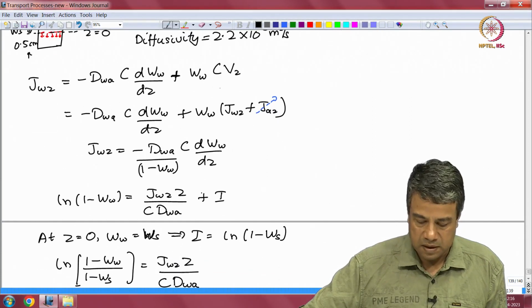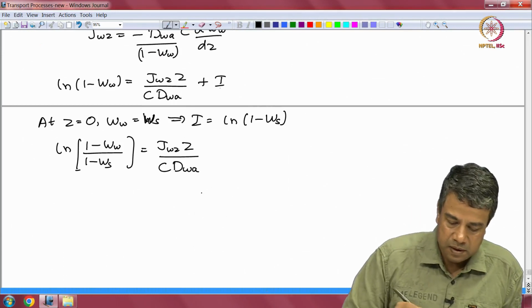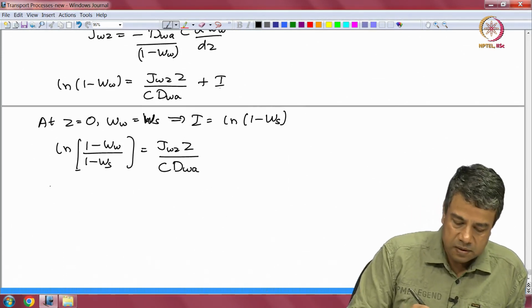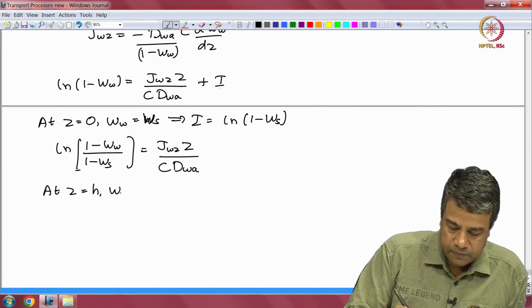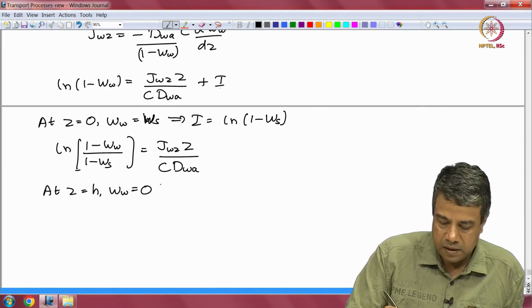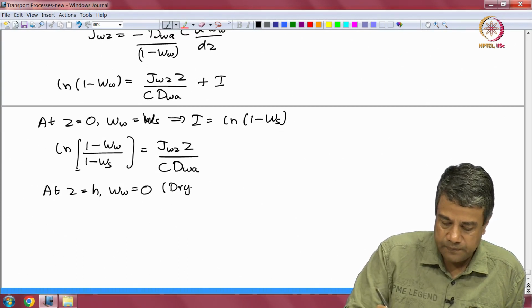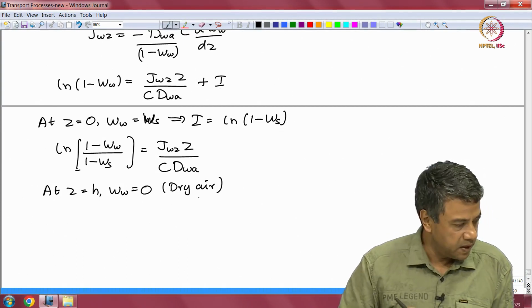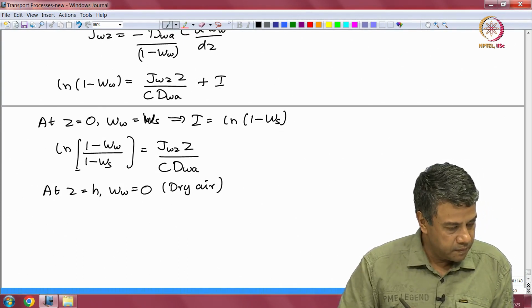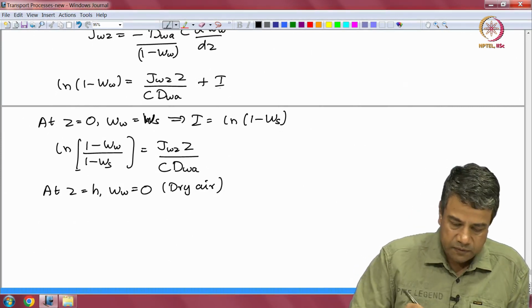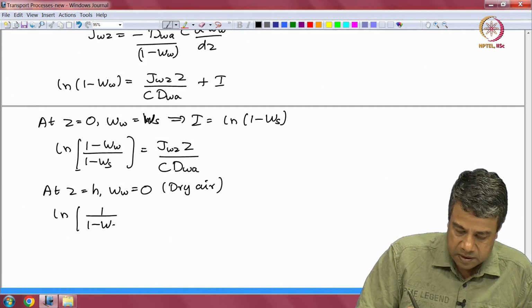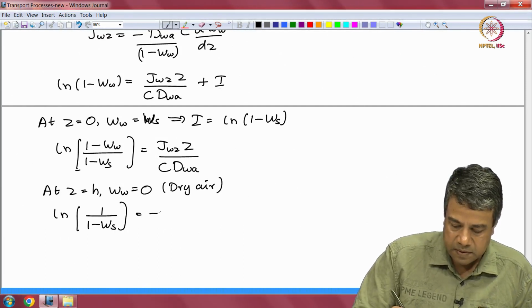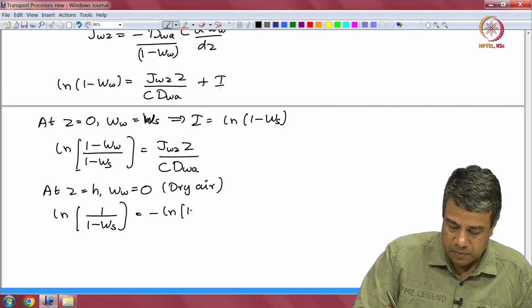So, I have to use the second condition at the top, where the mole fraction WW is equal to 0 because it is dry air. Therefore, I get log of 1 by (1 minus Ws), which is minus log of (1 minus Ws).